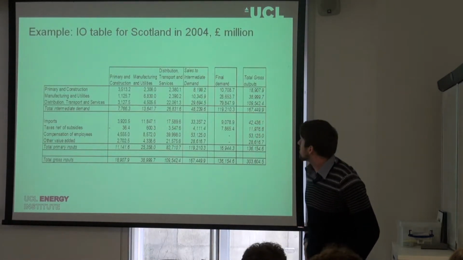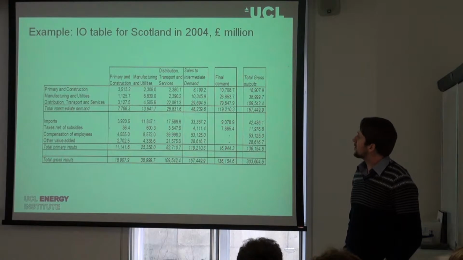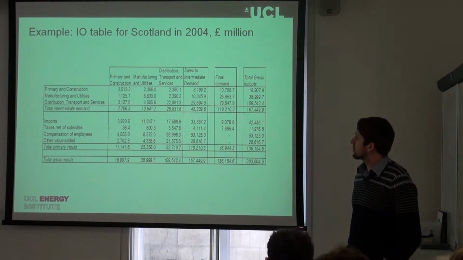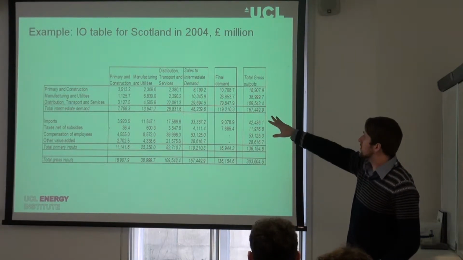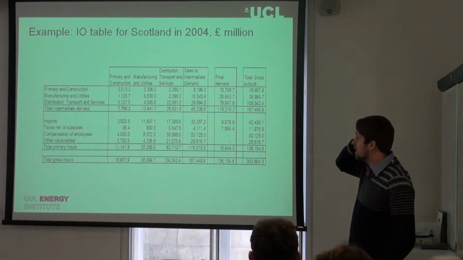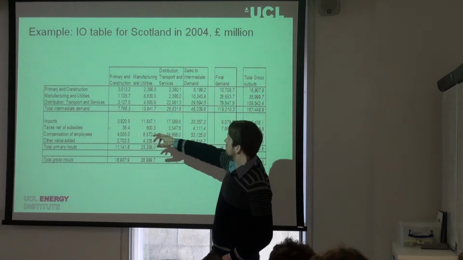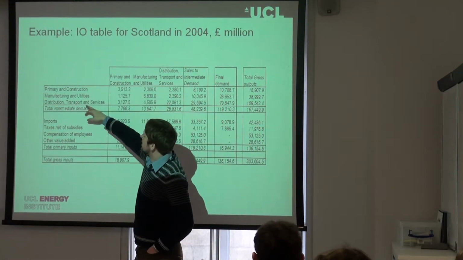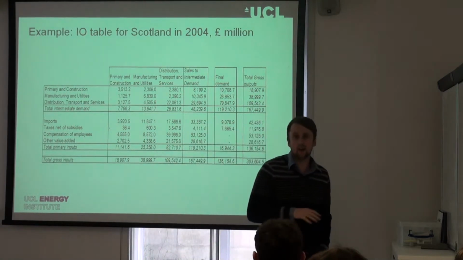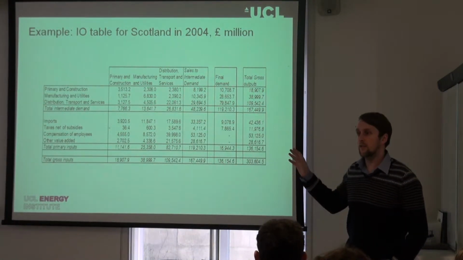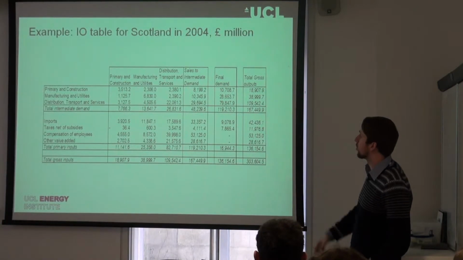So here's a very high level IO table. This isn't the one that I used, but this is just one that has 3 sectors in it. This was Scotland. As you can see, you've got the primary construction sector, manufacturing, utilities, and distribution and transport and services, and that accounts for everything in the Scottish economy in 2004.